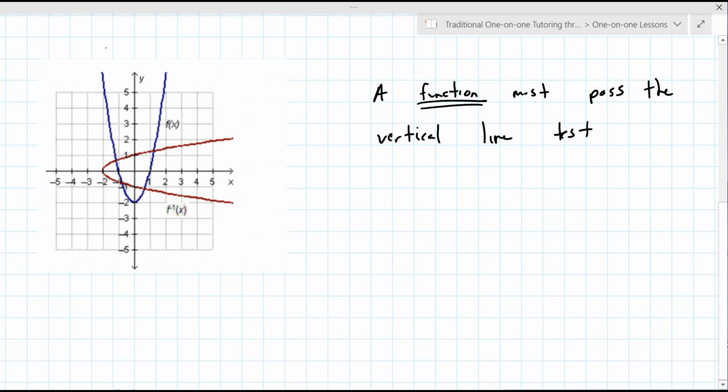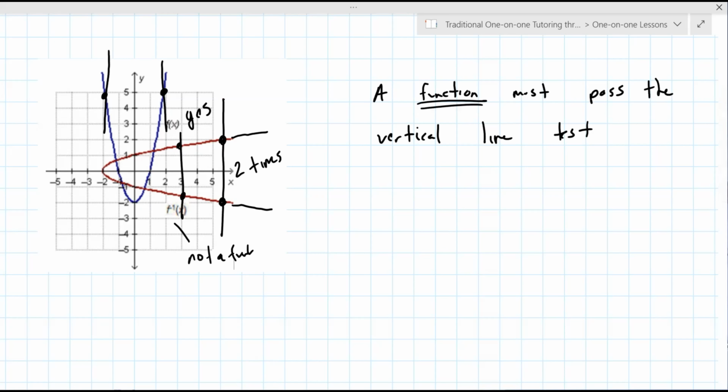If I were to draw a vertical line, do you see that it just hits the blue one time? So the blue is a function. But the red, if I hit it with a vertical line, how many times does it intersect? Twice. So it is not a function.